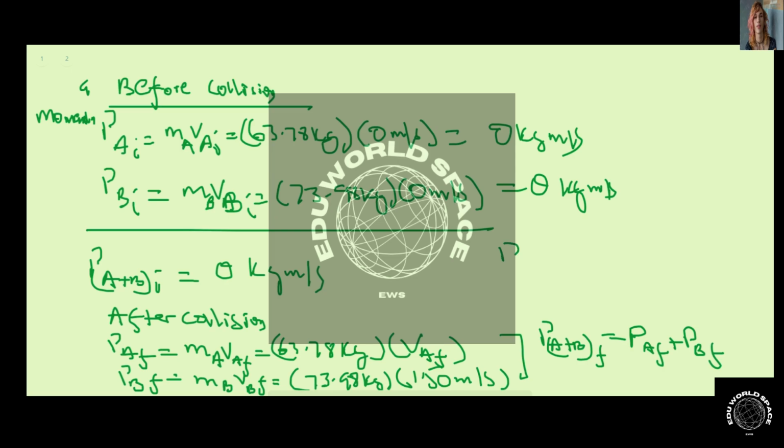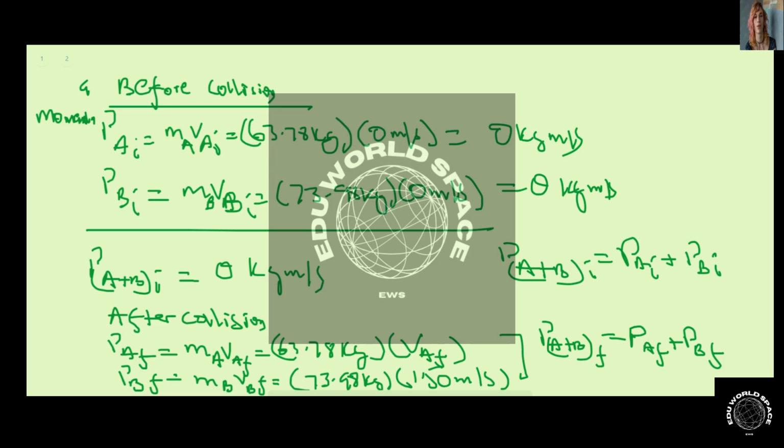Just like we did here, the initial total would be PA initial, the initial momentum of A plus the initial momentum of B. That's how it is. At this point, I think we're on the right track.